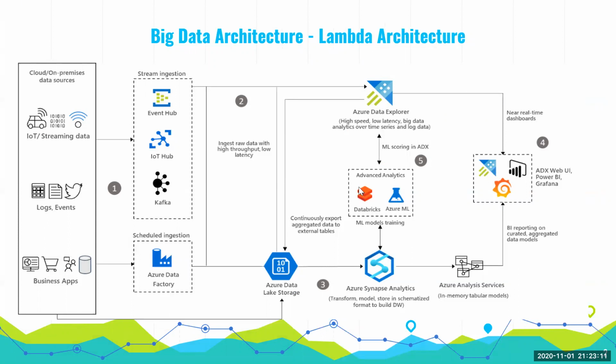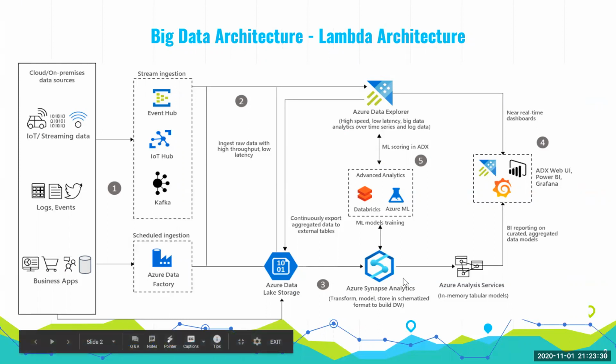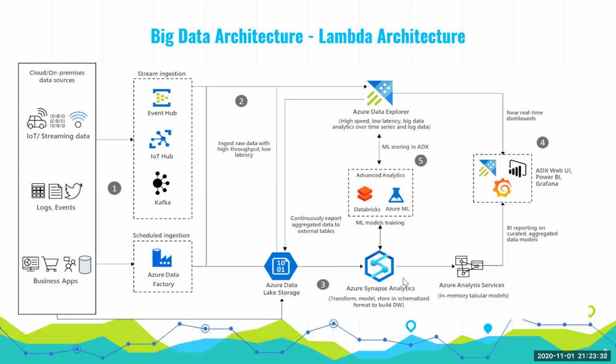Or you have advanced analytics, where you have Databricks that you can query and analyze big data with. And remember, Databricks is used for big data only; you don't need to use Databricks on small data, right? And you have Azure Synapse Analytics, where you have real-time streaming of the transformed model, and you can build that into the data warehouse.